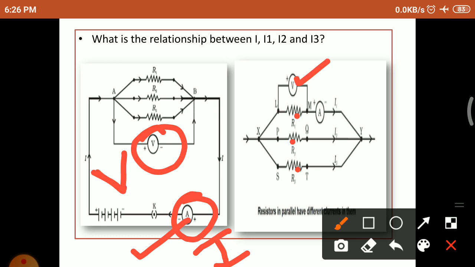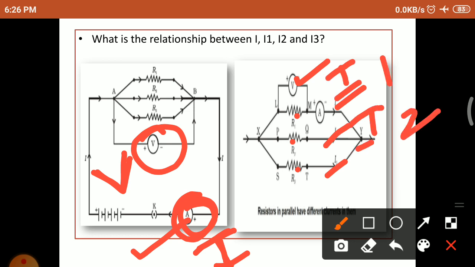But the current is different in each branch. The total current I is equal to I1 plus I2 plus I3.